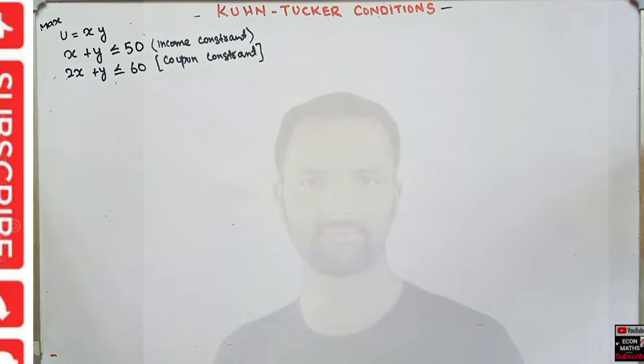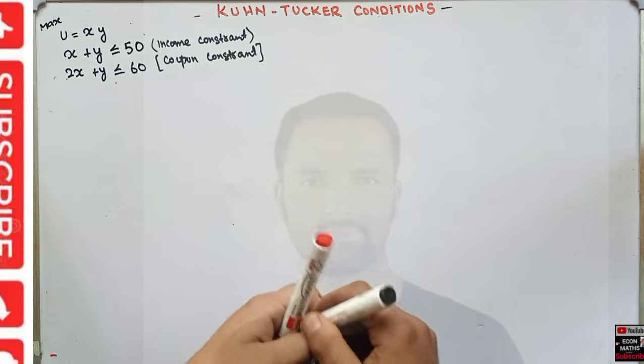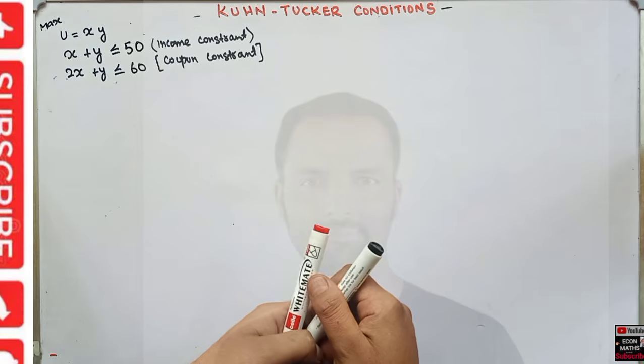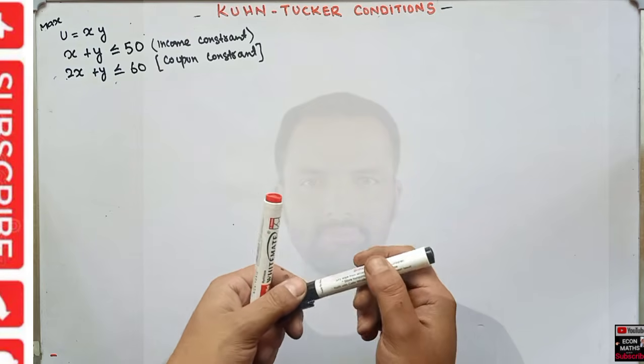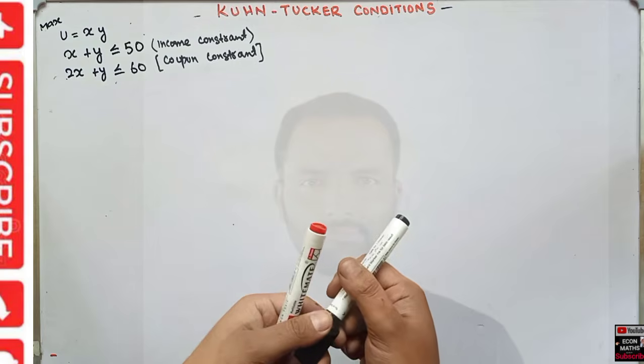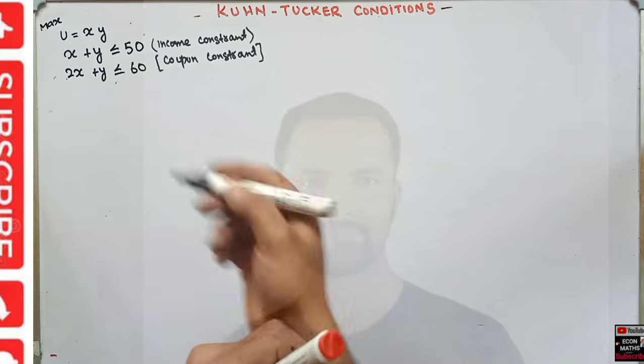Okay, now how do we solve this? First of all, we need to form the Lagrange's function. I have shown you in n number of videos how we form the Lagrange's function, so I will not show it here because of the lack of space. I will just write.